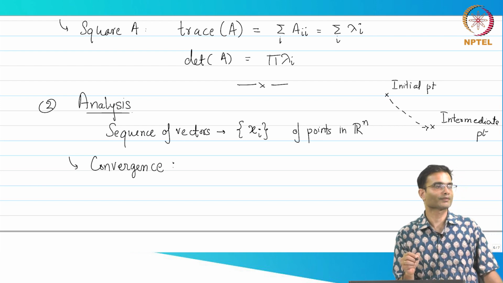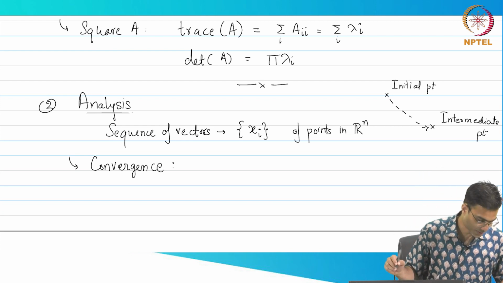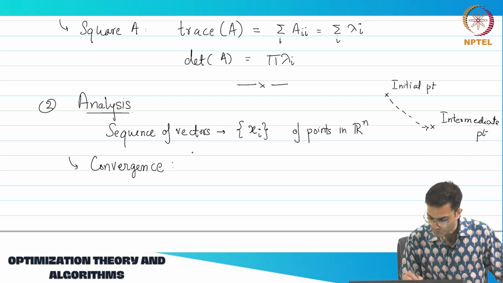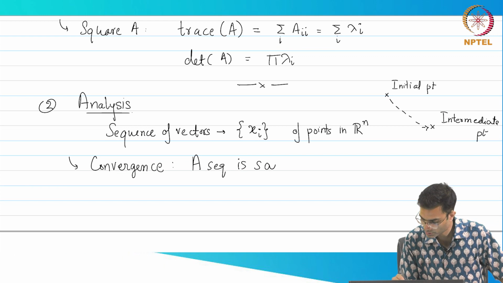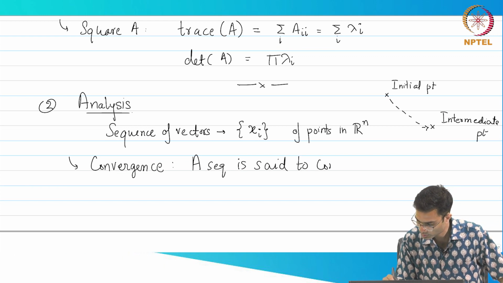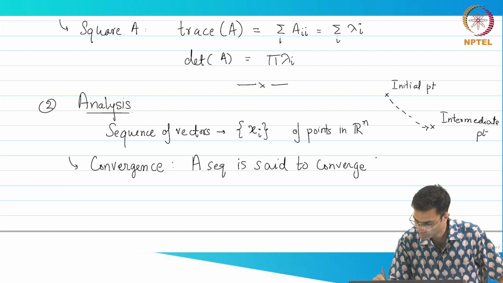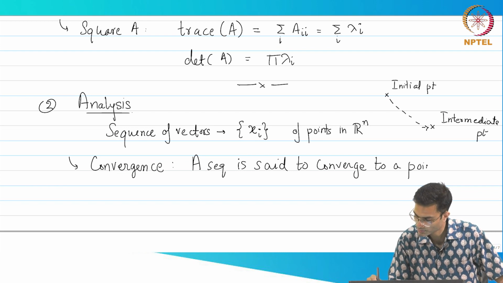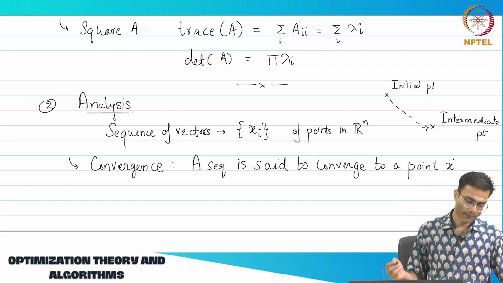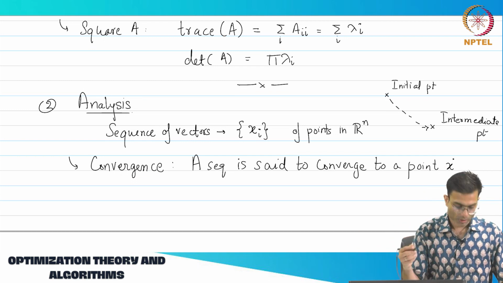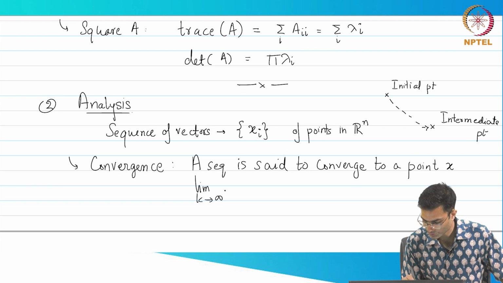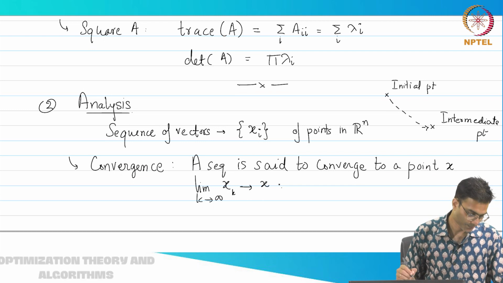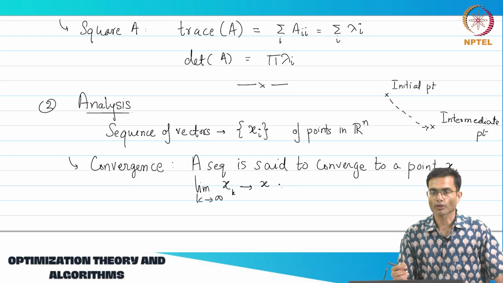The definition of convergence is very intuitive. Let's just write that down. A sequence is said to converge to a point x. How do I denote this? Simply by saying that the limit as k tends to infinity of x_k is x. But more formally, what do I mean?